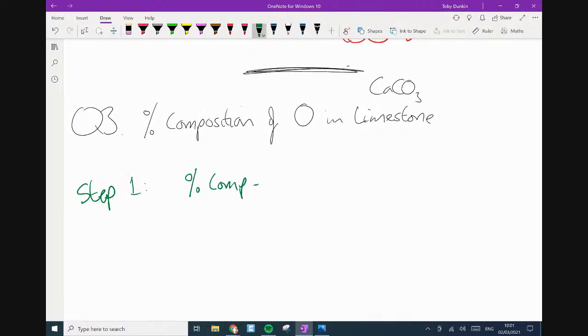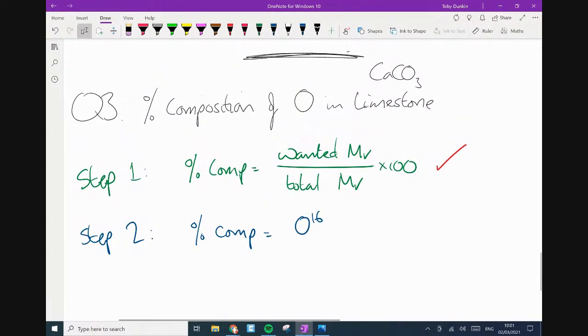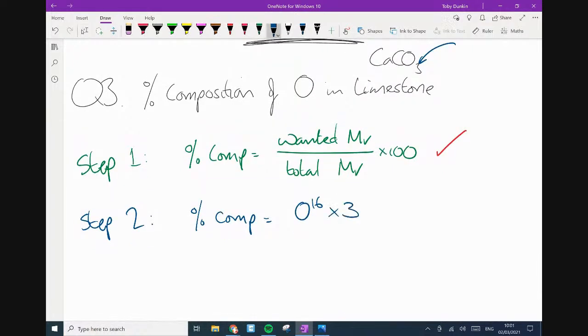Percentage comp equals wanted MR over total MR times 100. 1 mark. Step 2, input your data and produce an answer. So percentage comp equals, this time I've got oxygen at 16, but there are 3 of them. So 16 times 3 all over 100 times 100, and I get 48%.